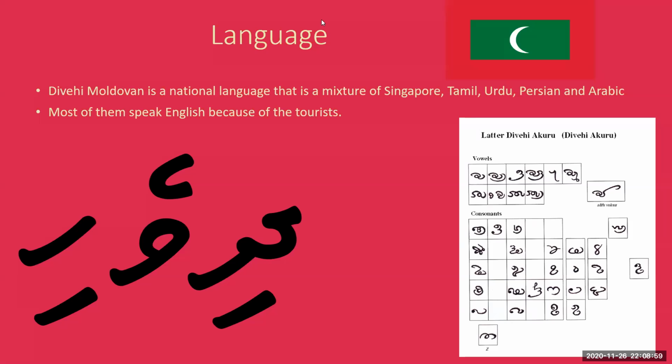Dhivehi is a national language that is mixed from Sinhala, Tamil, Urdu, Persian, and Arabic. Yeah, there is an exception. Most of the people who live there speak English because of the tourists, of course.